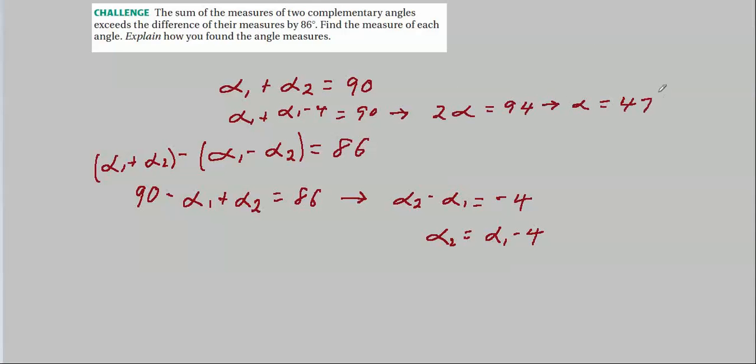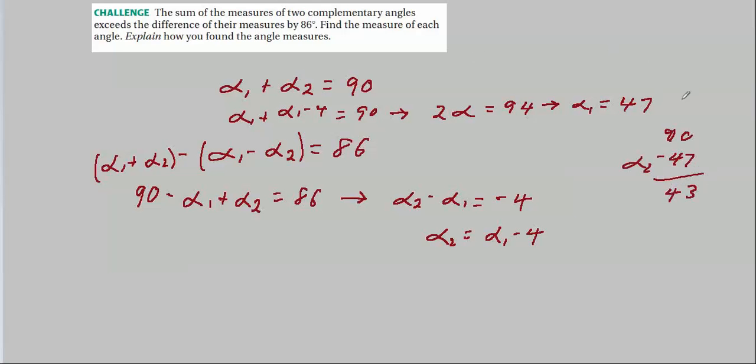Well, again, we can use this equation. If alpha 1 equals 47, then alpha, whoa, I should have put a 1 in there, shouldn't I? Alpha 2 would be 90 minus 47, or 43. 43 and 47.